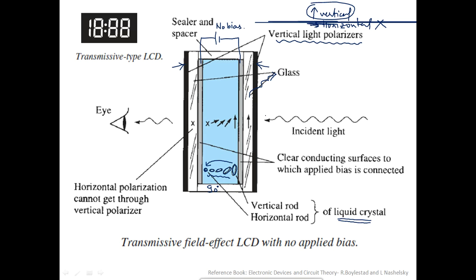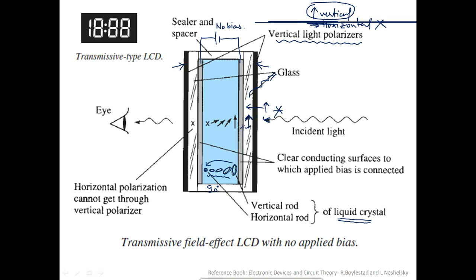Now, what happens whenever light is incident here? When light falls on the black colored layer, which is a vertical light polarizer, the polarizer ensures that only the vertical components of light will be passed, whereas the horizontal components will be blocked. You can clearly observe that only the vertical component of the light is allowed to pass.